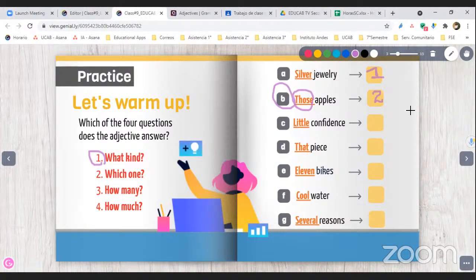Like if I ask you which apples do I want, you could tell me those apples because those are the ones that I want. But Ildemar, yes, how many? If we use a different adjective, for example, if I say 4 apples or 6 apples, it would be how many, because apples are countable things. So good job, Ildemar. But this one is number 2 because we're using the adjective those. So we're specifying which apples.